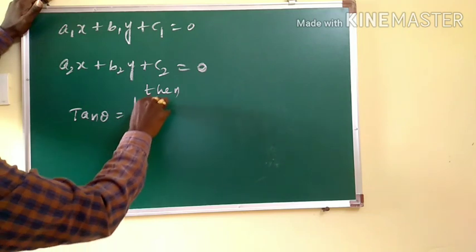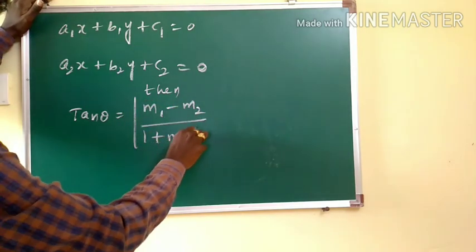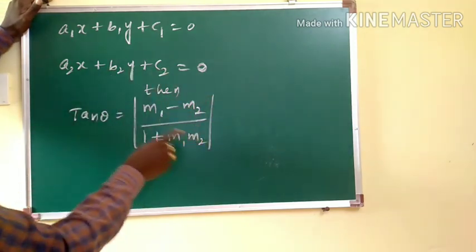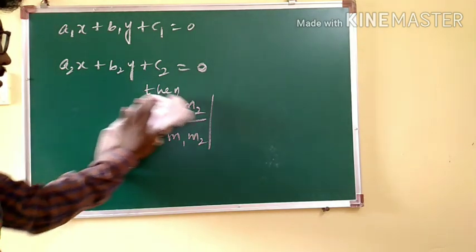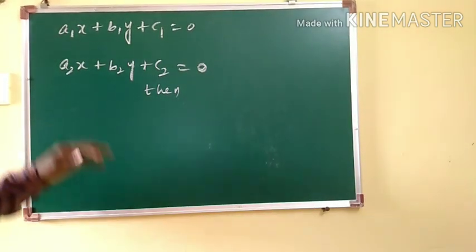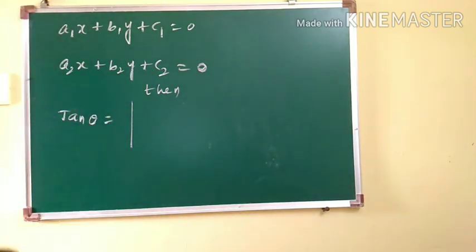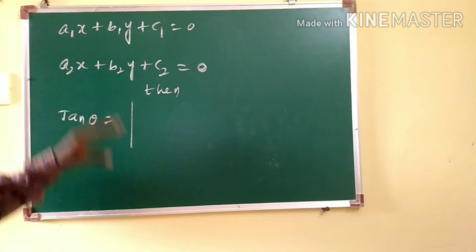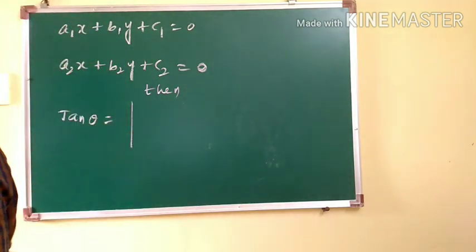Tan theta is equal to mod m1 minus m2 by 1 plus m1 m2. But the same result we will express in terms of a1 b1 a2 b2. That is the only difference here. Tan theta in terms of a1 b1 and a2 b2: we'll simply take the slopes of these two and substitute in case of m1 and m2.